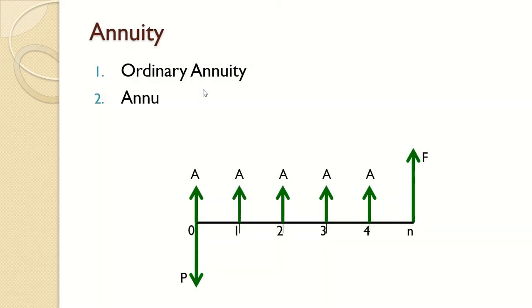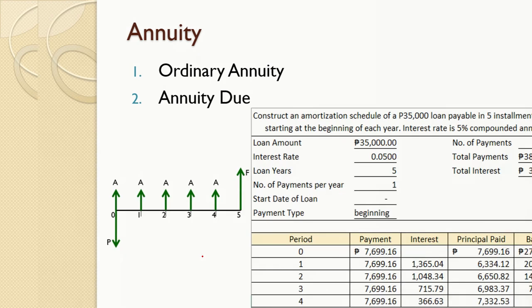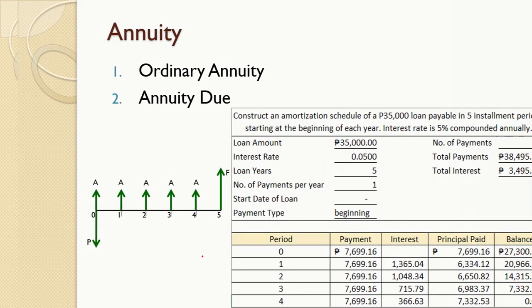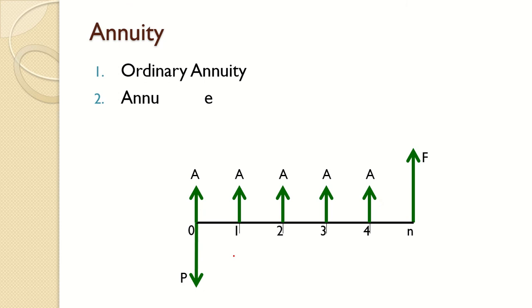The second type of annuity is the annuity due. If you will observe here, this is annuity due. There is a first payment. As soon as you borrow money, you are asked for a payment. Some call that an advance payment. Just like when you board somewhere, you have payment in advance.